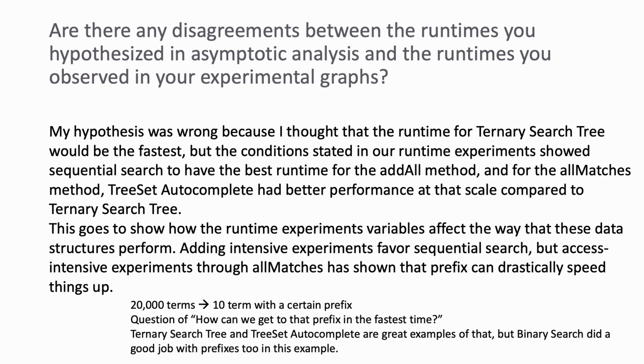Ours were very adding heavy, so the addAll methods were pretty loaded, not even overloaded, but just normally loaded during the time we were running these experiments. And what I noticed is the allMatches one still performed great. So what that shows is even if there's 20,000 terms being added, if you can reduce to a certain prefix and you only get 10 terms left, it's a lot easier to add in 10 terms.